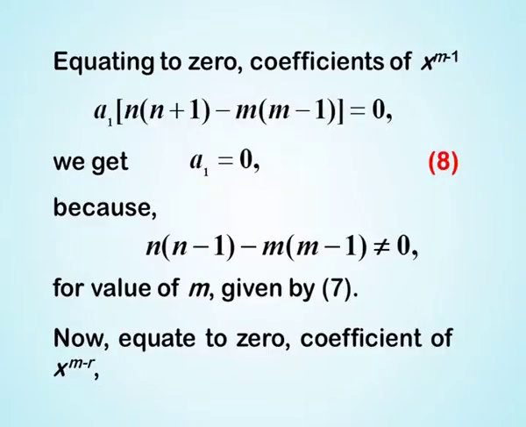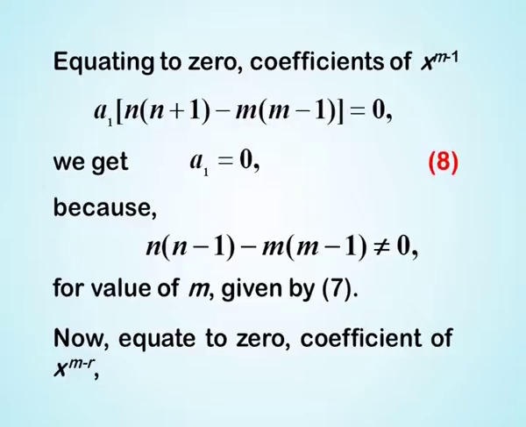Once again equation 8 results, where the quantity just above equation 8 is equated to 0, but since a1 is equal to 0, a1 will give you 0, because the quantity inside the bracket is nonzero for the values of m given in 7.